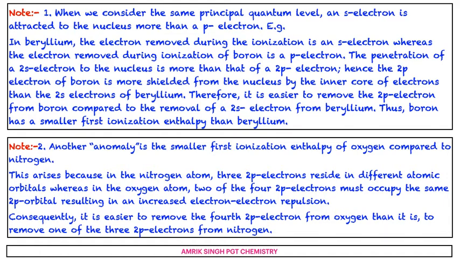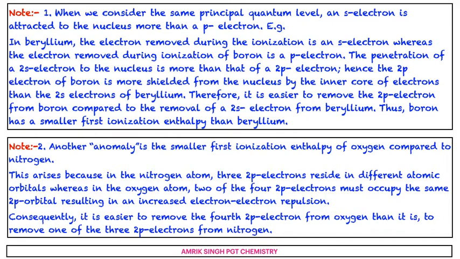Hence, the 2p electron of boron is more shielded from the nucleus by the inner core of electrons than the 2s electrons of beryllium. Therefore, it is easier to remove a 2p electron from boron compared to the removal of 2s electrons from beryllium. Thus, boron has smaller first ionization enthalpy than beryllium.